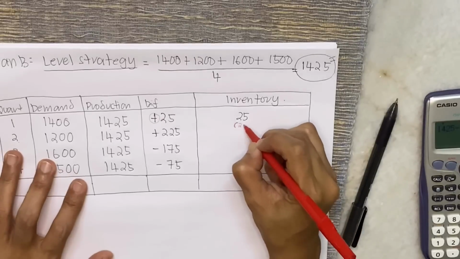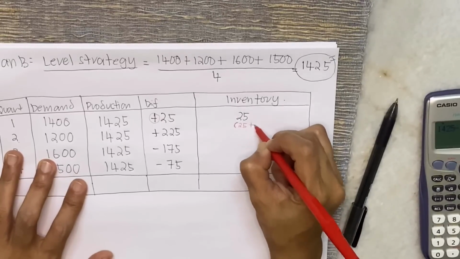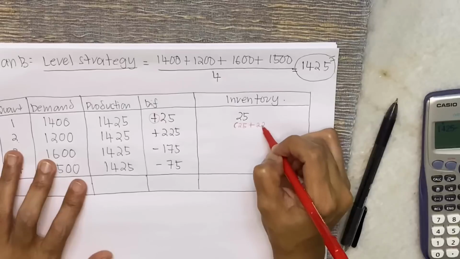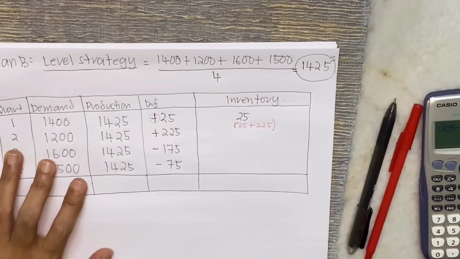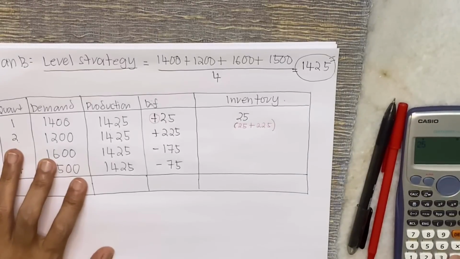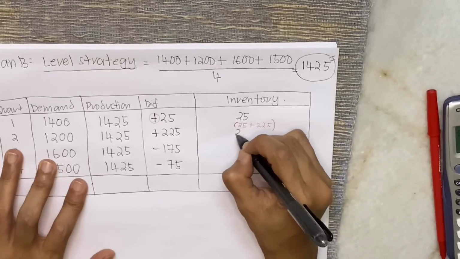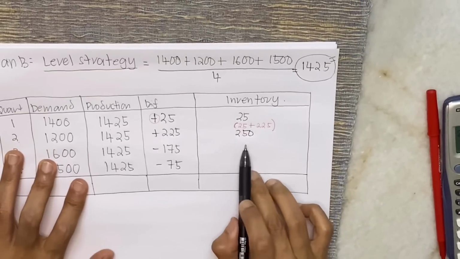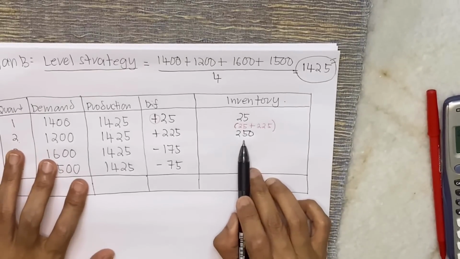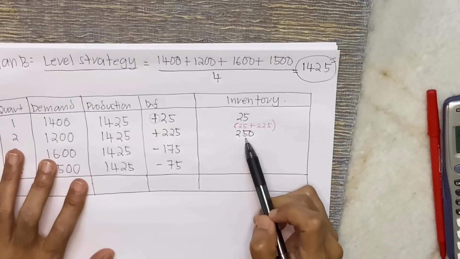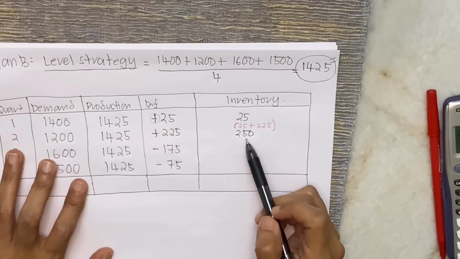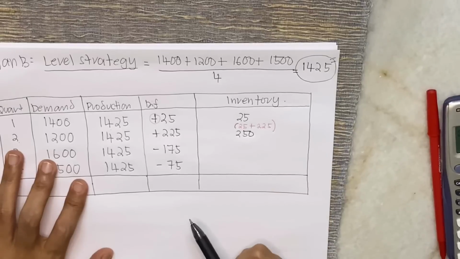Nanti saya takut kalau awak lupa. 25 campur 225. So 25 plus 225, we got 250. Okay, 250 is the accumulated inventory for quarter 1 and quarter 2.